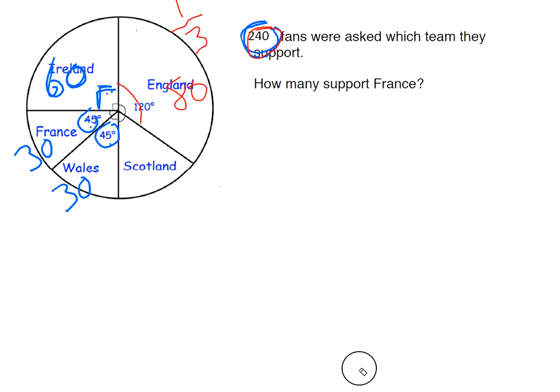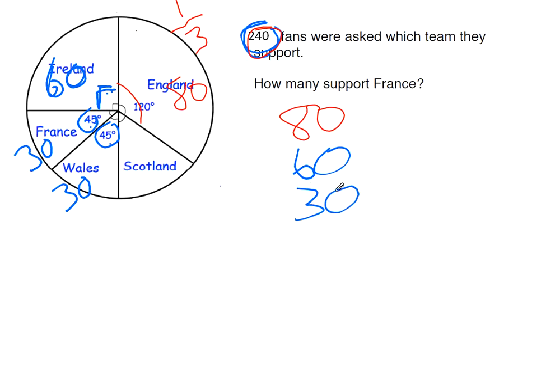Or what you can say is add up all the people that we've just worked out. We've worked out 80, 60 for Ireland, 30 and 30 for France and Wales. All you got to do is add these up. 8 add 6 add 3 add 3, 20, that's 200.